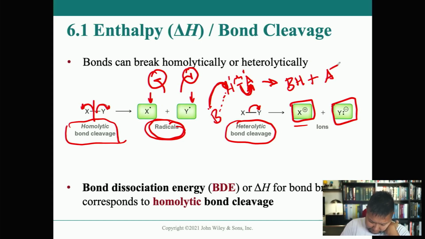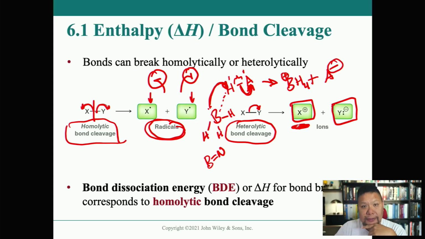If B just happens to be a nitrogen, like an amine, like so, right? And that B equals nitrogen, then now this BH has 4 H's, and it would make it a positive charge, just like the X plus, right?